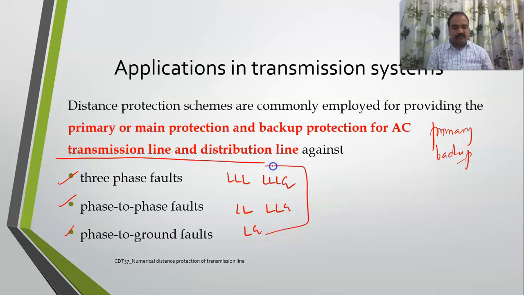These are the different types of faults which you see in transmission systems, right? Some involve three phases, some involve two phases, and some involve only a single phase, like LG faults. Okay. So any of these faults, you can protect your transmission systems using a distance relay.